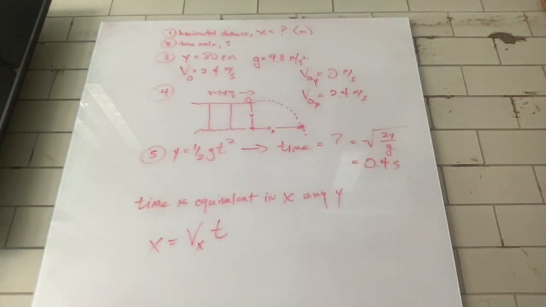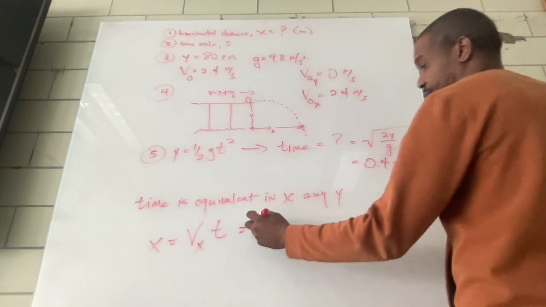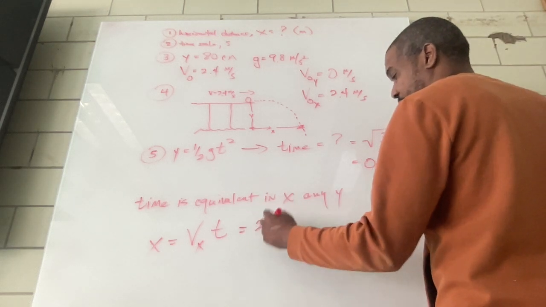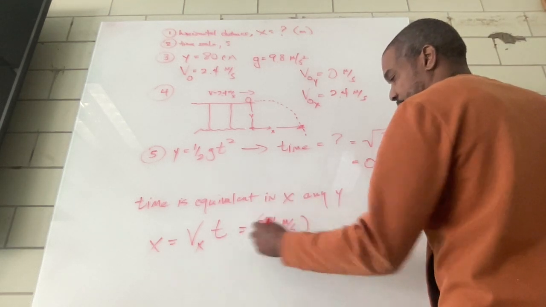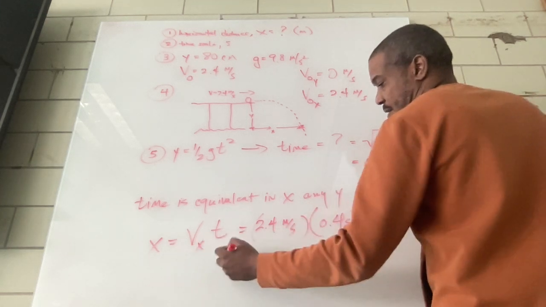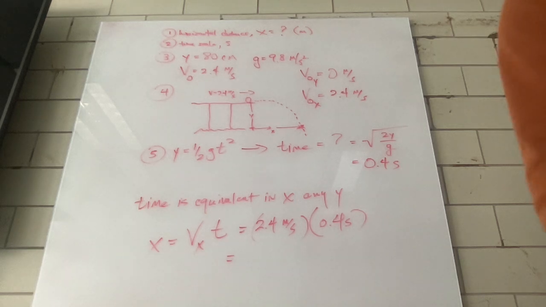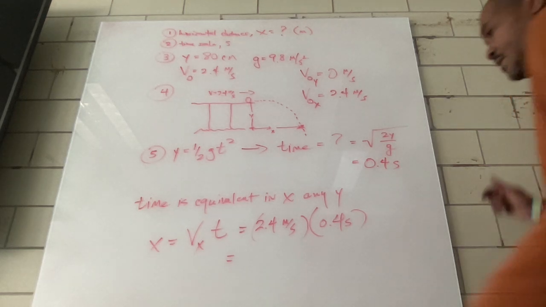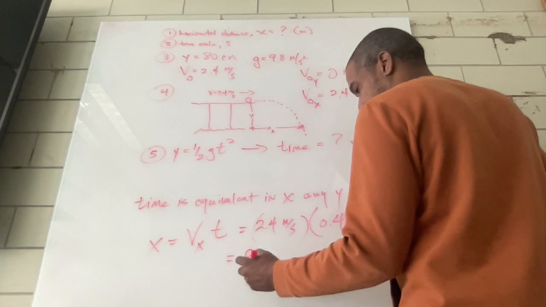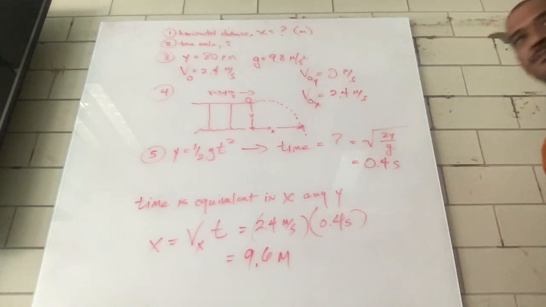It's that simple. And what is v in the x? 2.4 meters per second times 0.4 seconds. And what is that? 9.6? Yeah, 9.6 meters.